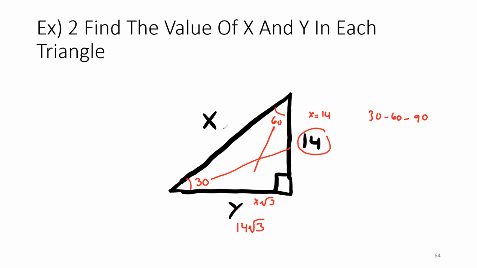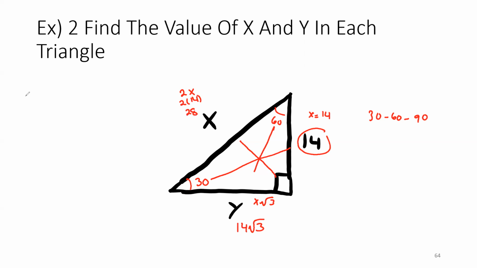Okay. And then 90, this hypotenuse is 2 times x. So it's 2 times the length of the smallest leg. So that would be 2 times 14, which is 28.